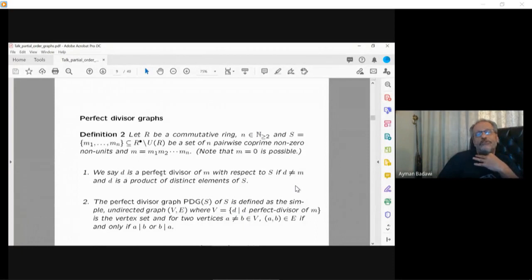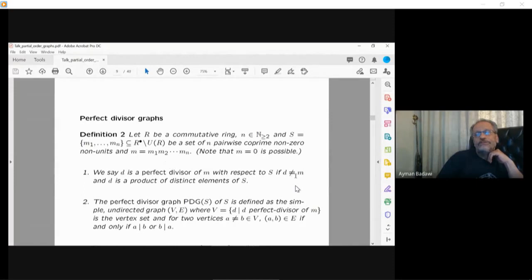So what's the definition of a perfect divisor of M? D is a perfect divisor of M if D is not equal to M, and D is a product of distinct elements of S. Okay, that's what we define as a perfect divisor of M.